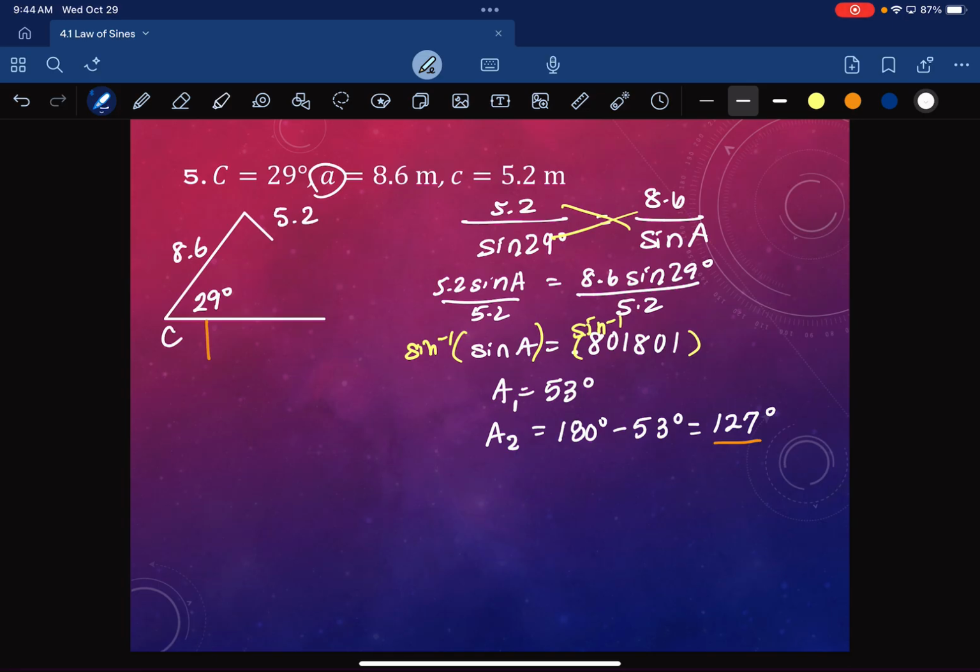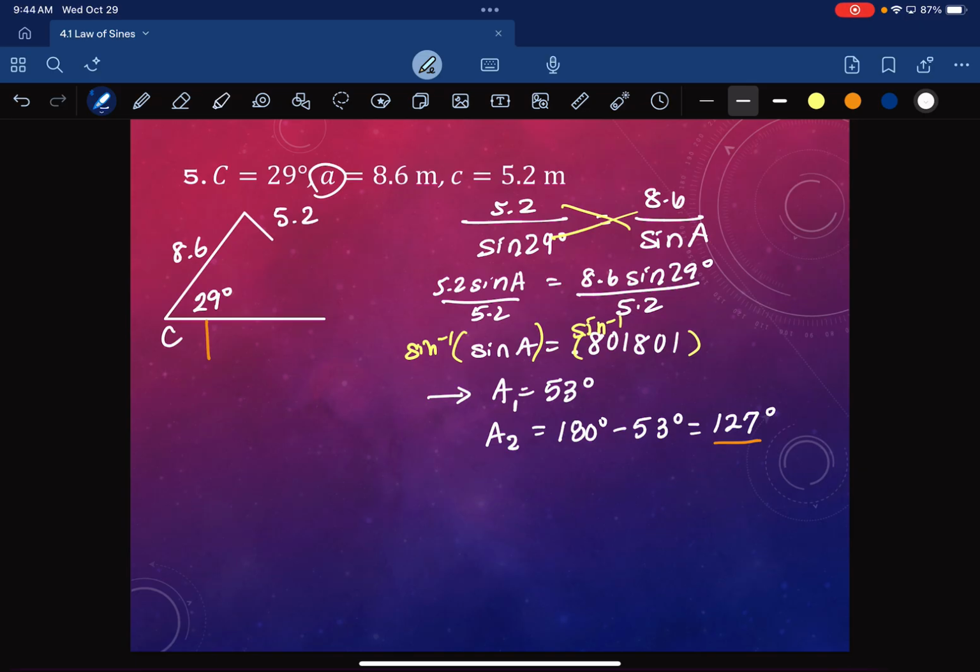This is the case you don't want to be in, to be perfectly honest, because this means we have to find two triangles now, because these are two separate triangles that could have resulted with this information. So let's take the first one, A1, and find all the pieces of information about A1. And then we take the second one, A2, and we find all the pieces of information about A2.